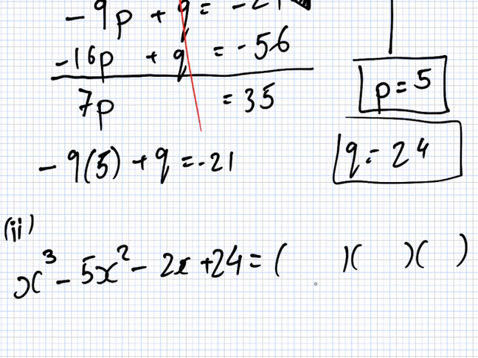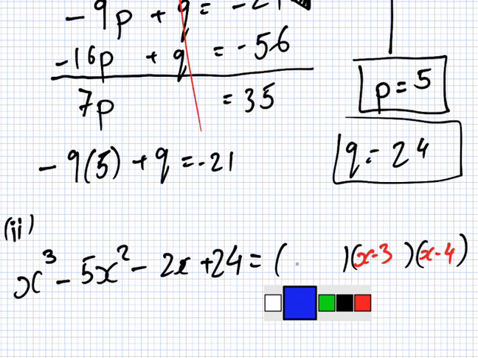Now you know how to do this one. You get one factor, you divide it, and then you factorize the quadratic. But there's a shortcut here, and you don't have to use it, but you can. It only works when they give you two of the factors.